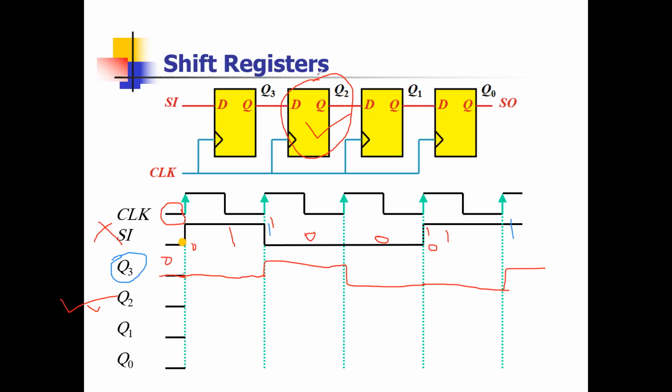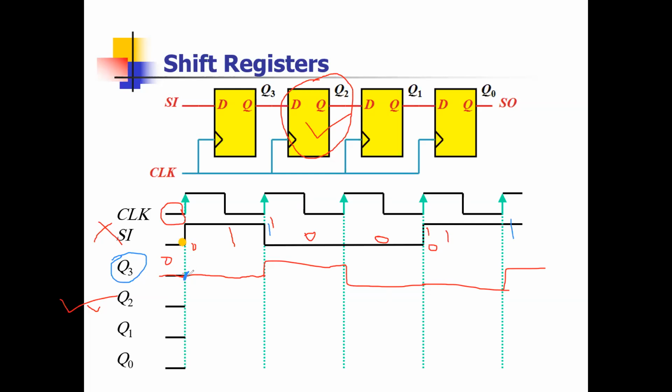Okay. Now, if I want to plot the Q2, what is the input for Q2? Q3. So now I need to check this. The previous value before the clock, I will consider 0. So I can't, for example, start with 1, then 3. I have to start with the sequence, right? Yes, you have to start with the sequence.